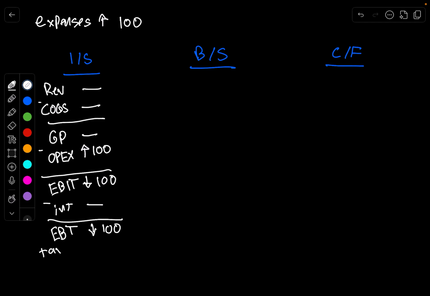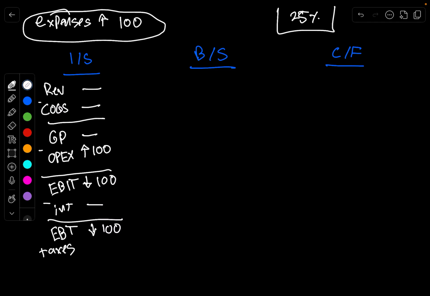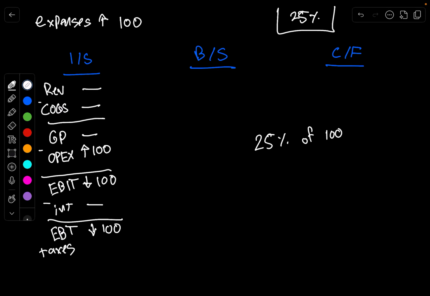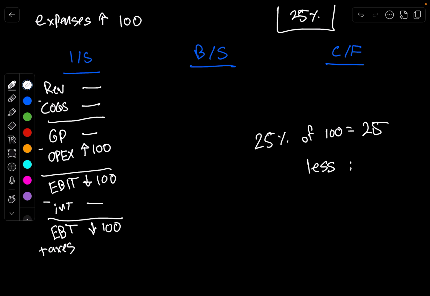And now let's look at our taxes, right? And in all of these questions, you can kind of assume a 25% tax rate unless they explicitly tell you otherwise. Well, for your taxes, you made $100 less because you have these expenses. So that means that you're going to pay 25% of 100, which is 25, less in taxes, right?